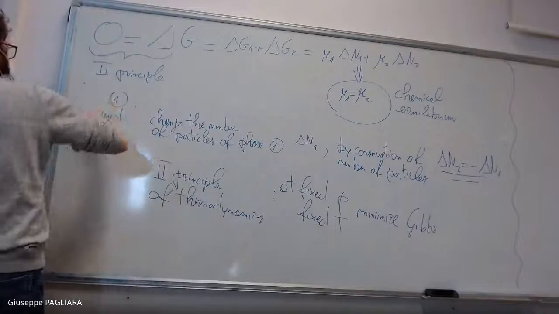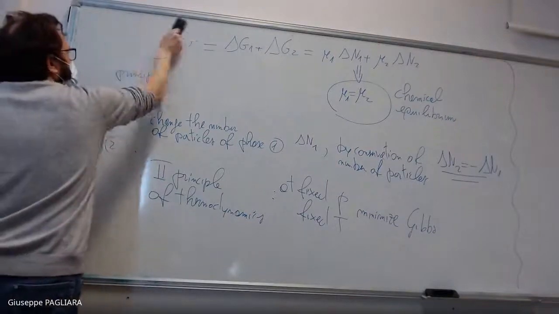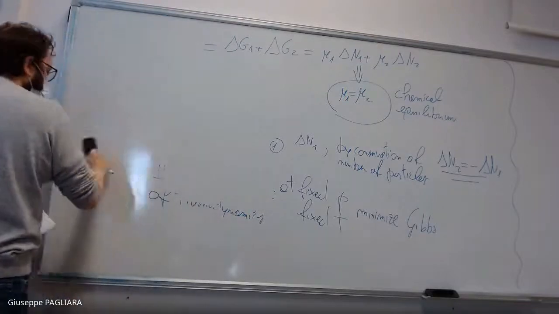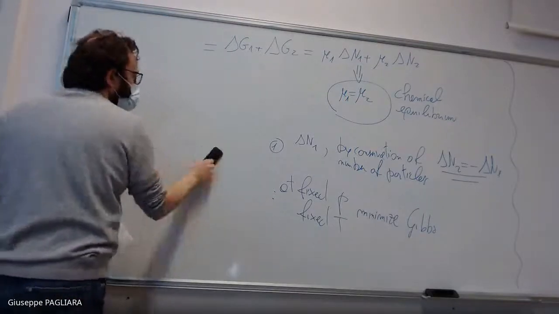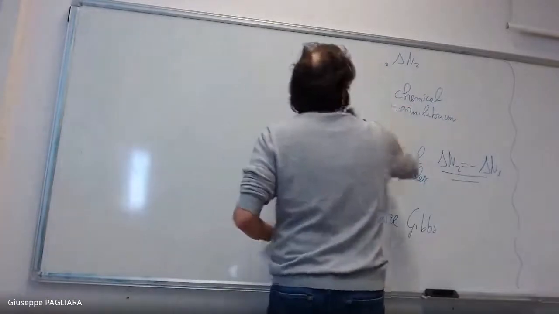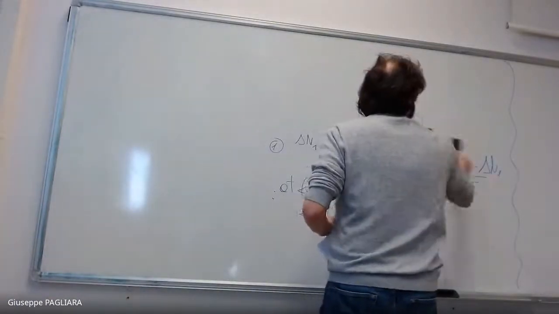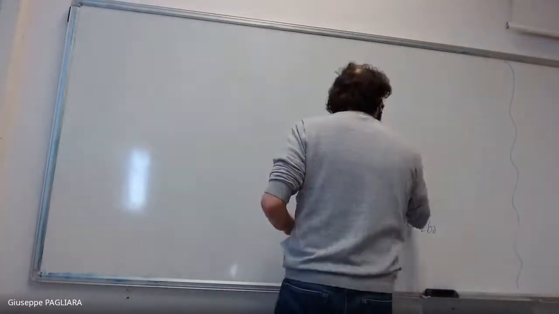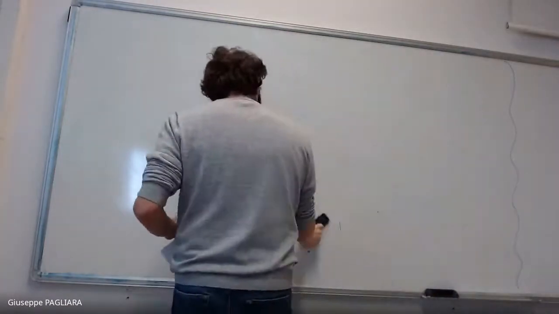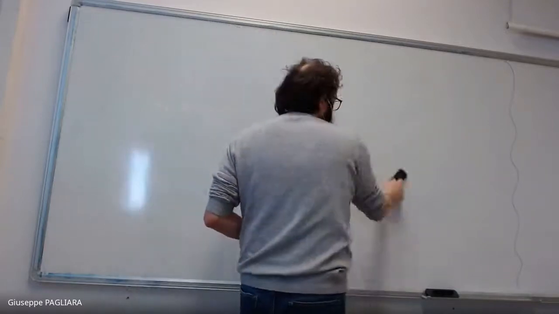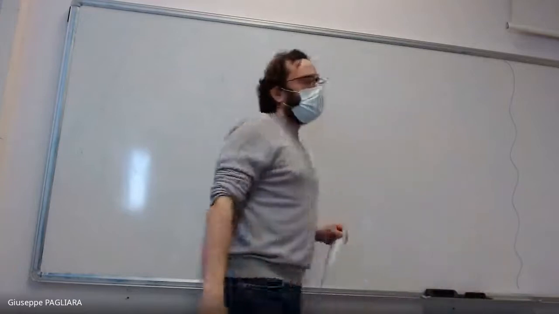Now, once we have derived this result, we can look at another diagram. Instead of PV or PT, we can describe the phase transition now in another class of diagram, in which we also introduce the chemical potential.